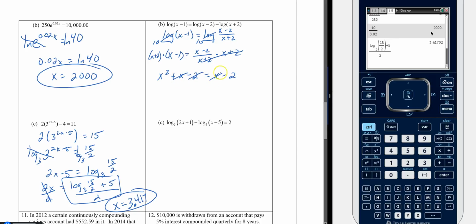These x's are going to cancel, these negative 2's are going to cancel, so x squared is equal to 0. That means x is equal to 0. And if we check it, 0 doesn't work here. It's not going to work here. So even though that was my answer, since there's nothing left, this one gets no solution.